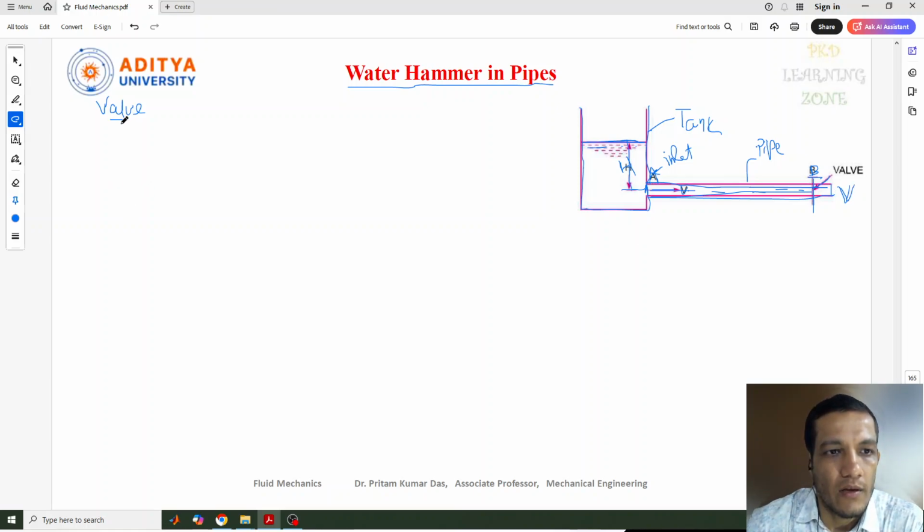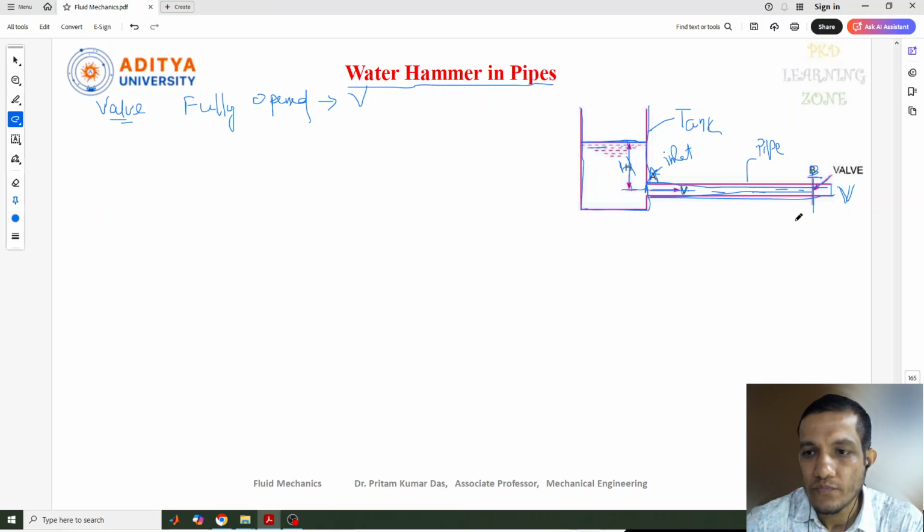When the valve is fully opened, we get the same velocity of fluid flow at the outside, and the velocity will be high. But when the valve is suddenly closed or partially closed, we get a reverse wave.